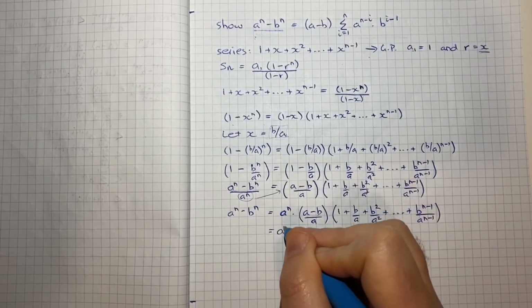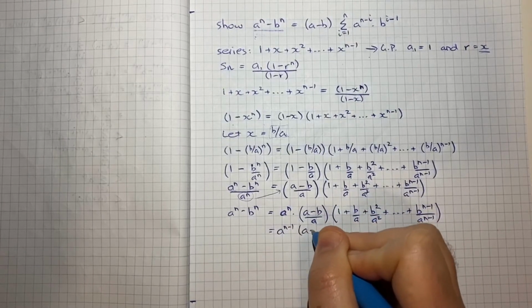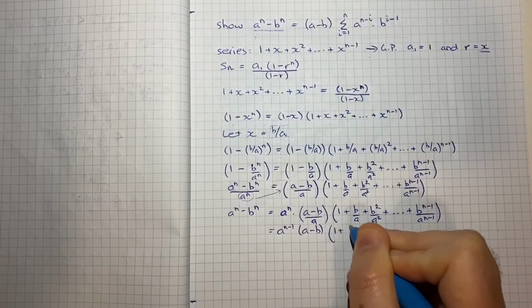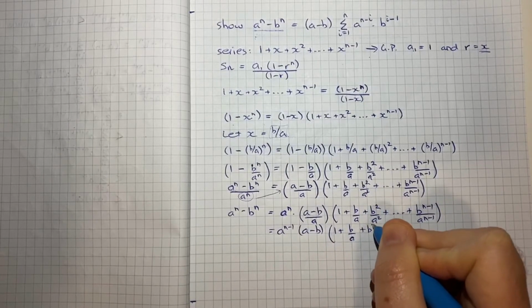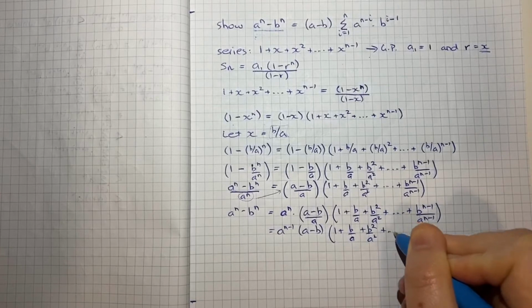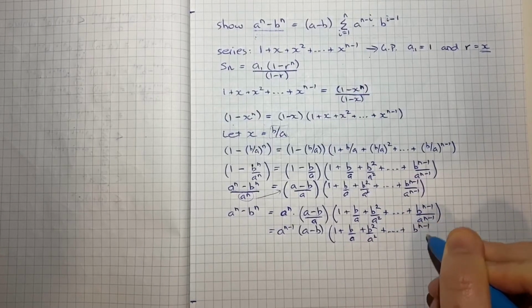We'll get a^(n-1), (a - b), 1 plus b on a plus b squared on a squared, and so on.